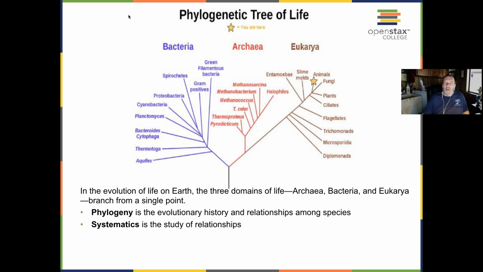And right now we primarily use what's called a phylogenetic tree, or what we might also refer to as the tree of life. As I've talked about in the process of evolution on Earth, all of the 3 branches that are shown here, for example, bacteria, archaea, and eukarya, which is where we fit, all evolved from a single point in the branch or the tree of life, going back, again, billions of years.